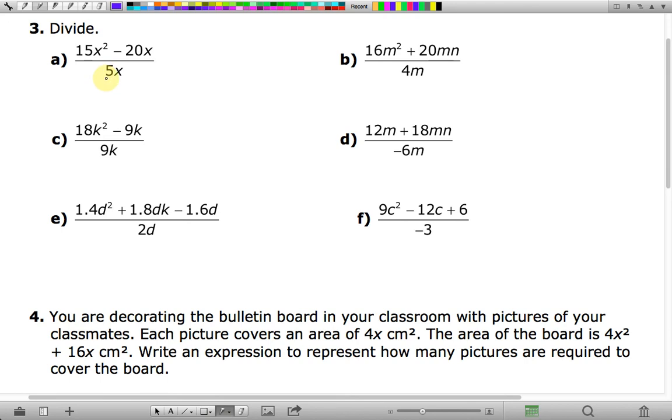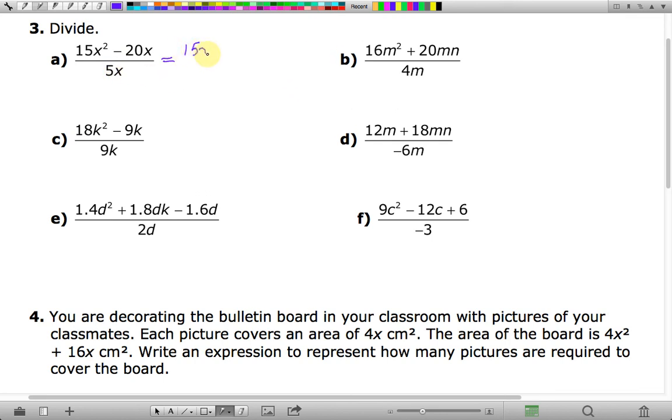So the instructions on number 3 say just divide, and obviously there's not a lot of room to do diagrams in here, and I'd rather not because, as I've said, they're space and time consuming. So I'm going to get the first term here by doing 15x squared divided by 5x.